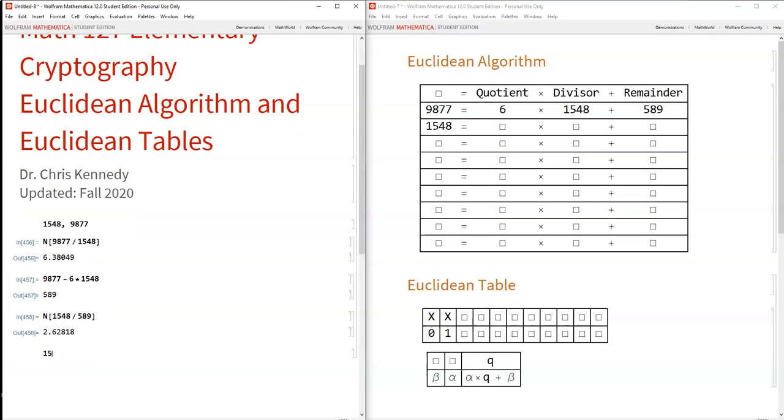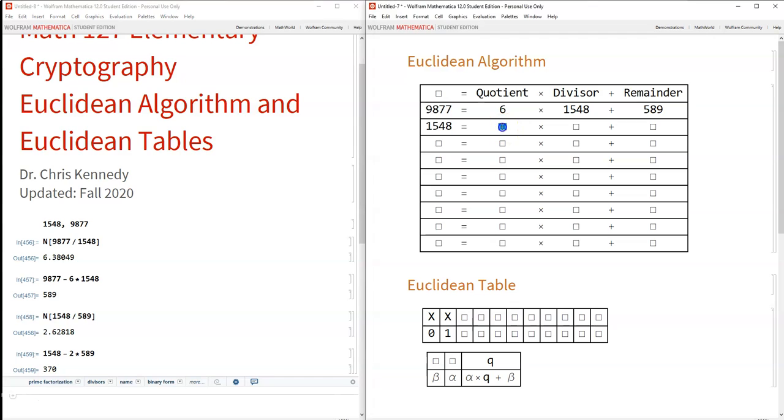I round that down, and then subtract it off. So I take 1548 minus 2 times 589, and I get a remainder of 370. My quotient was 2, my divisor in this step was 589, and I get a remainder of 370.